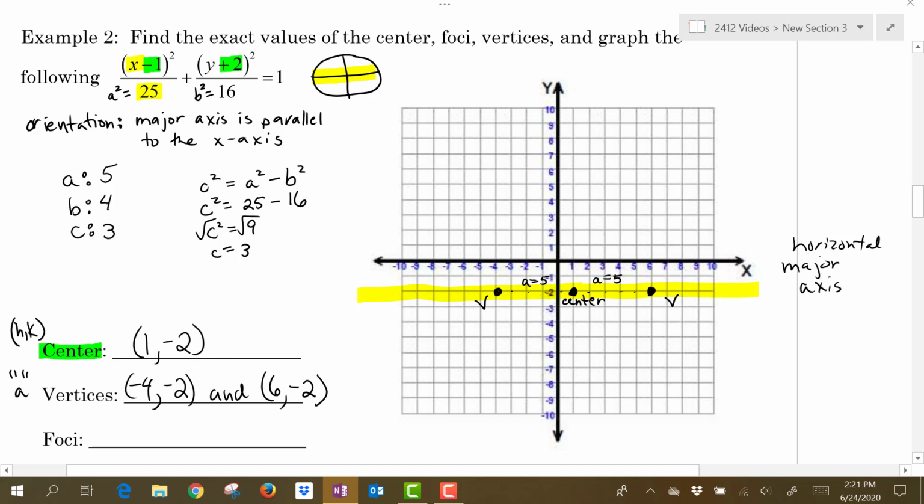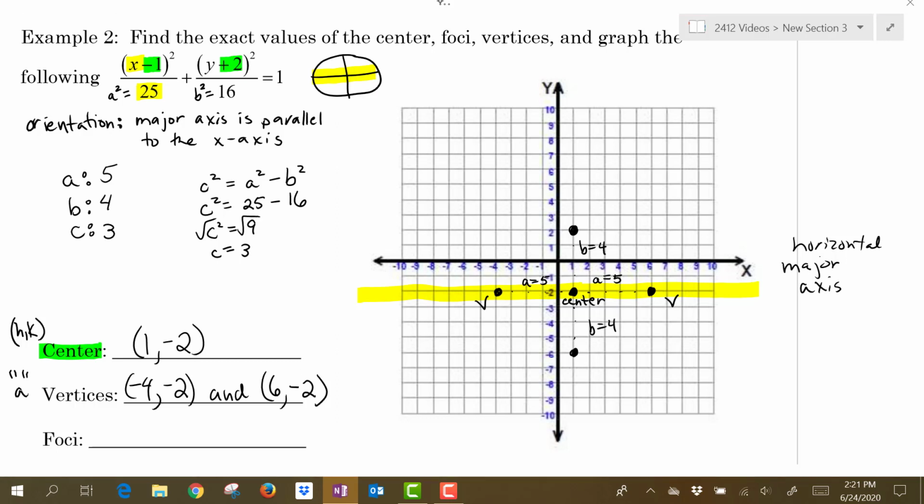Alright, let's go to B now. B is going to go in the opposite direction of the major axis. And we want to plot the endpoints of the minor axis. So our B value is 4. We're going to go up 1, 2, 3, 4. We'll go down 1, 2, 3, 4 from the center.